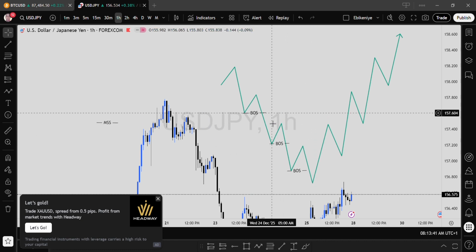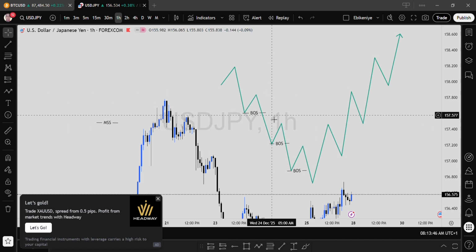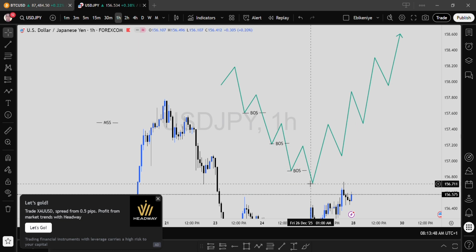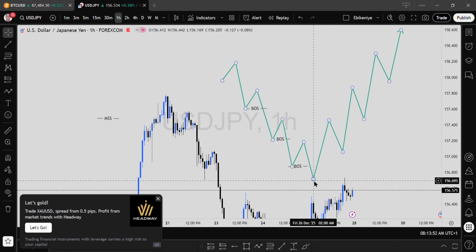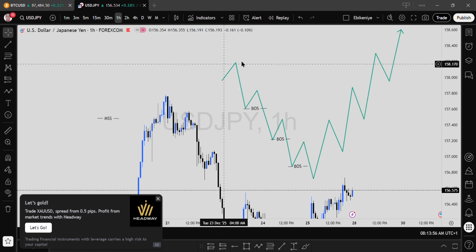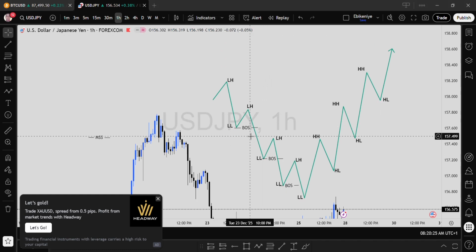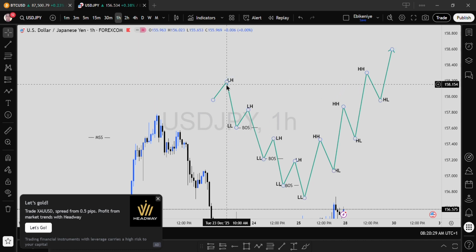Remember, the market was just breaking the lows to create new lows, tanking down, trending down. Now from this point the market came up. If you look at it here, you are seeing that this is a break of structure.